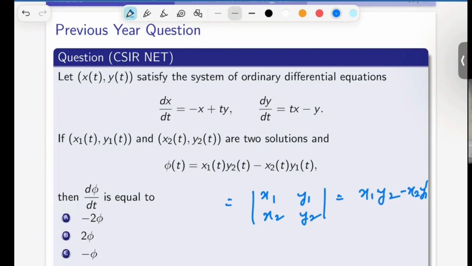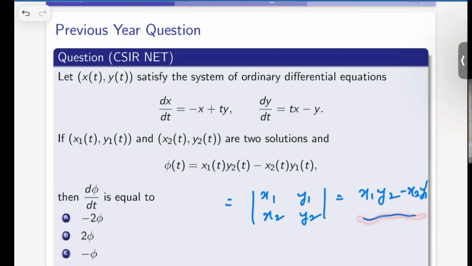Now compute phi'(t). This is also a determinant. So what you can do is take this function phi(t) and differentiate it with respect to t. Then use the system: the left hand side is x'(t) and y'(t). Substitute this in the function and obtain the relation.